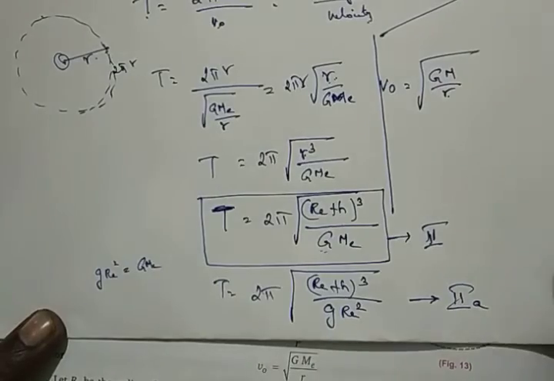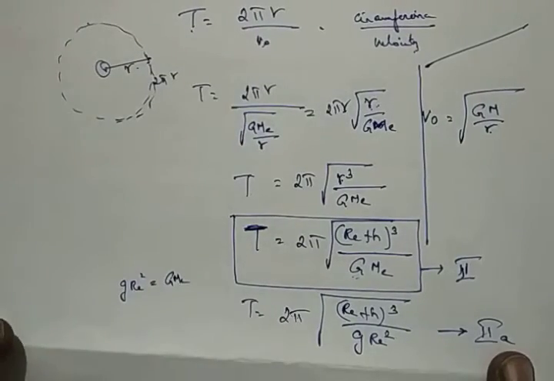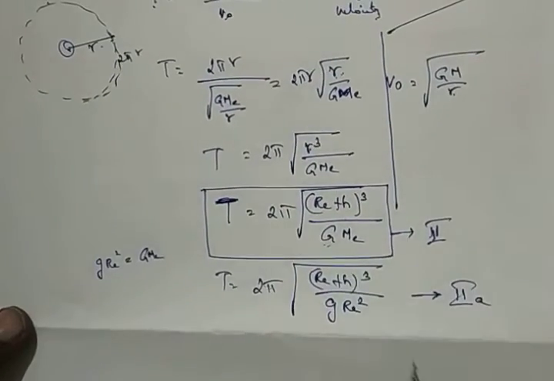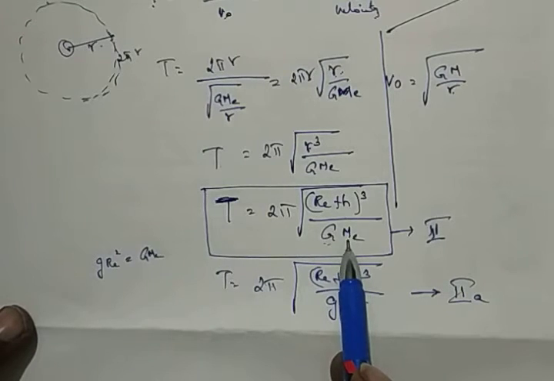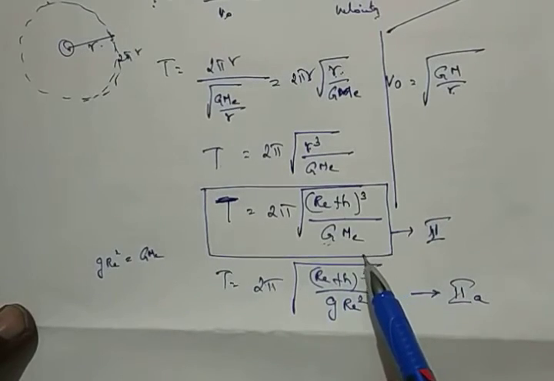Okay. Now we need to see a little more carefully what the variables are here, whether everything is similar. We want to make sure what factor the time period depends upon.